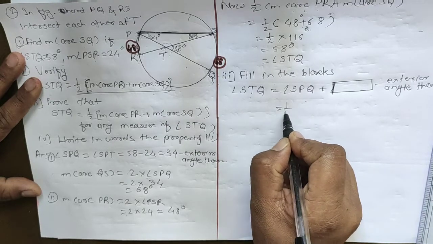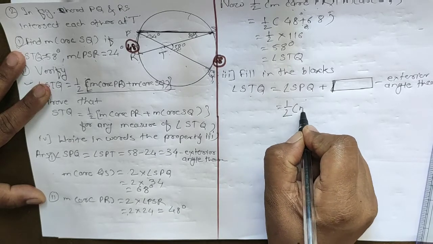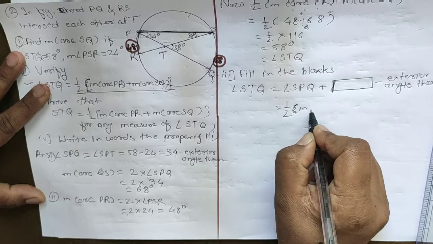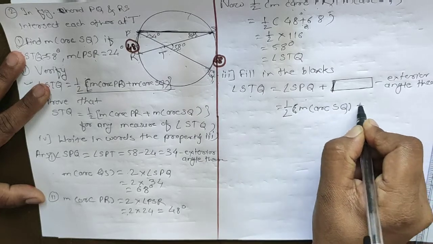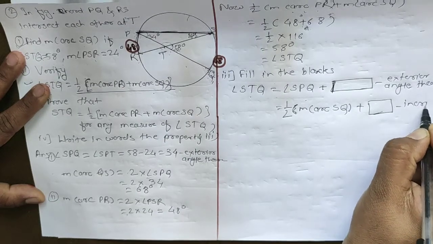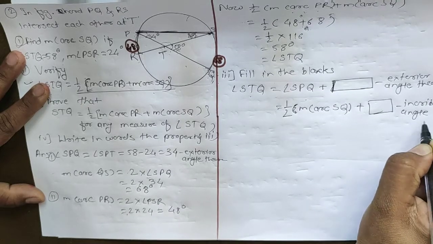So here SPQ. Next, the next line given is 1/2 into the measure of arc SQ plus a box, and here it is written inscribed angle theorem.